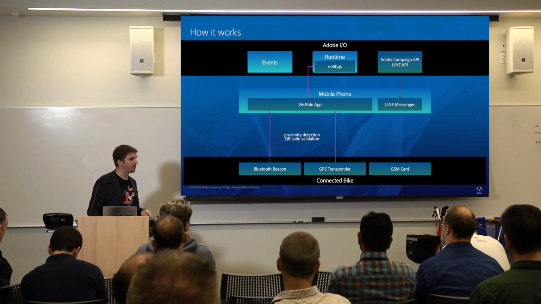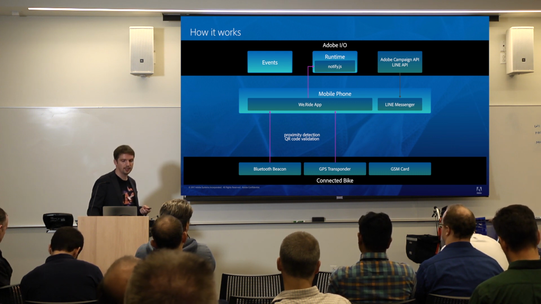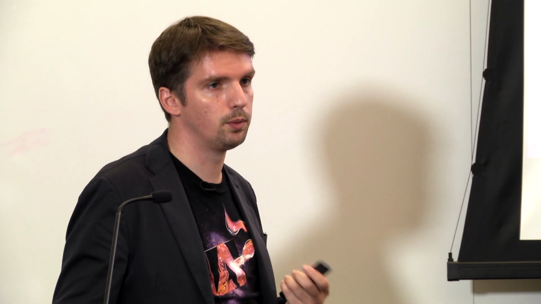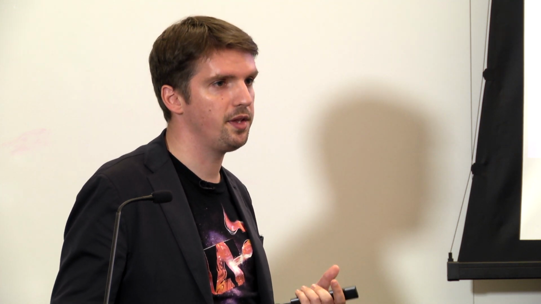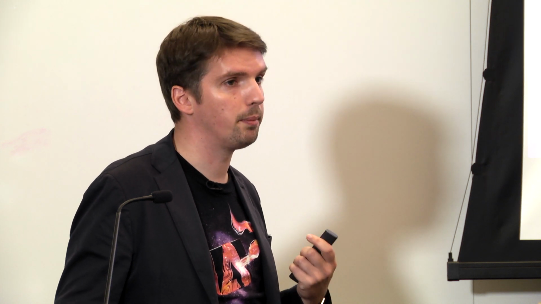And the key thing that the PhoneGap app does here is it's making a simple request to Notify.js. And Notify.js is a function that is running within the Adobe IO Runtime. And this function itself is then communicating with Adobe Campaign and the Line API to actually send this push message.